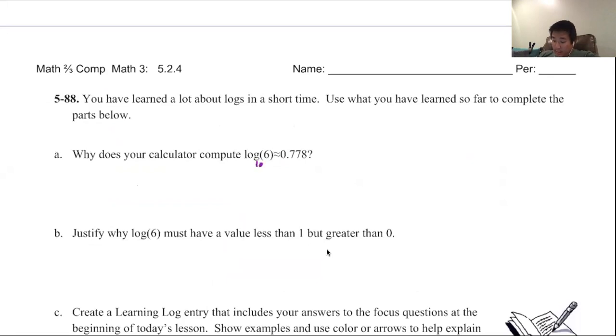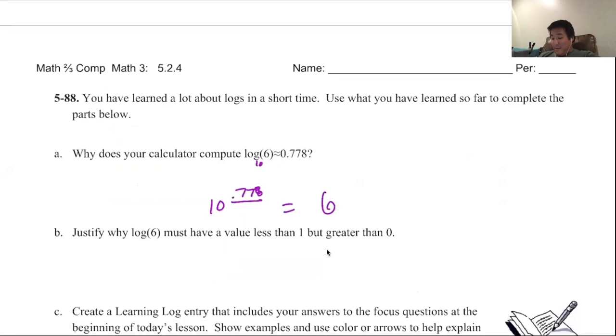Your base is 10, so 10 to that number has to equal 6. And 10 to that number, a decimal, gets you about 6. Why does it have to be greater than 0? Because 10 to the 0 power is equal to 1, and 10 to the first power is equal to 10. So that's why it has to be between 0 and 1.